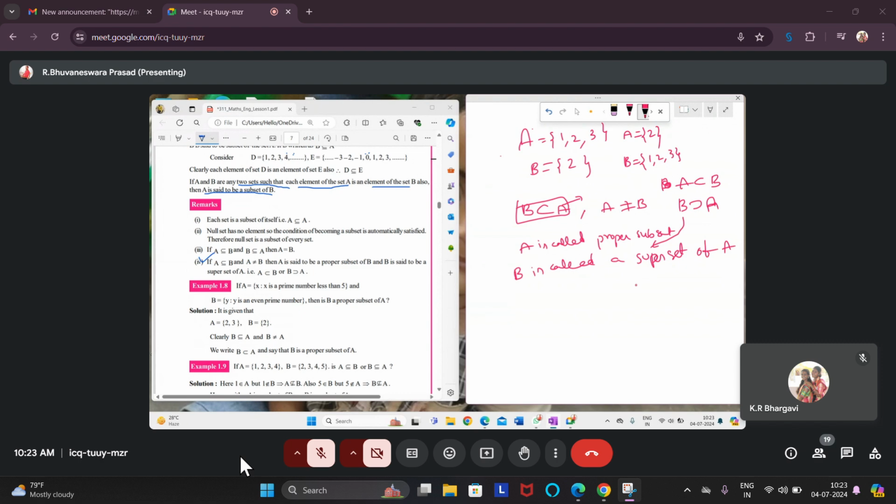If B subset is derived from A, then A is called a proper subset.